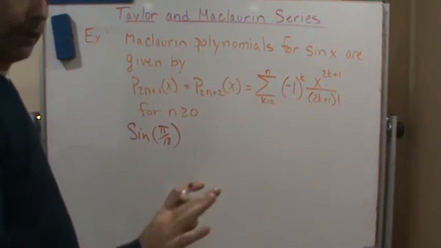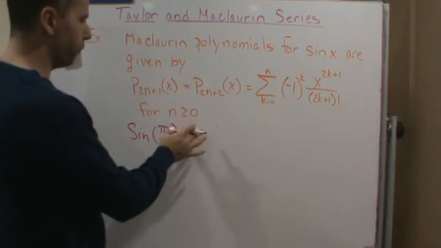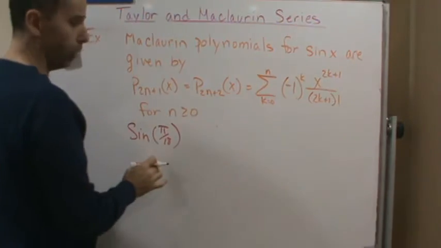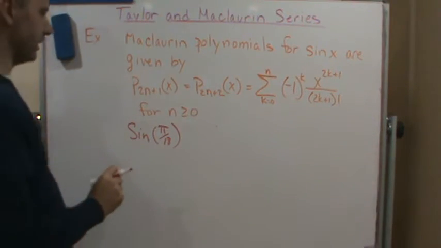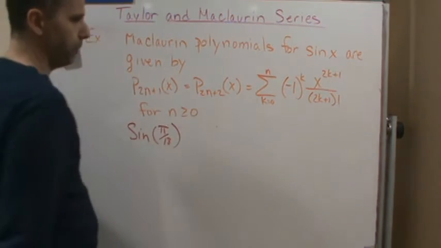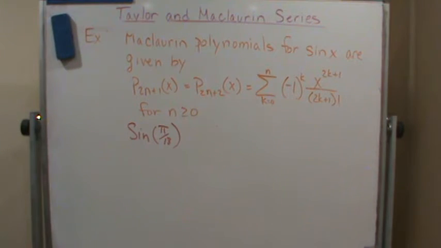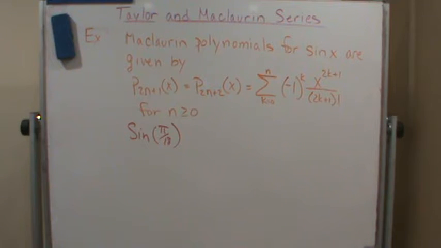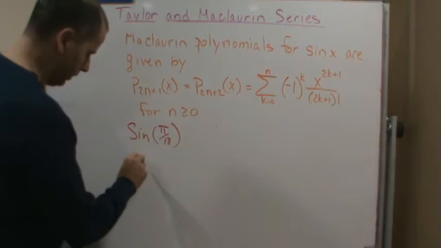let's write out the fifth Maclaurin polynomial. We know from previous videos that the Maclaurin polynomial that represents sine x is given by this partial sum, for n greater than or equal to 0. And so the fifth polynomial is going to be this.